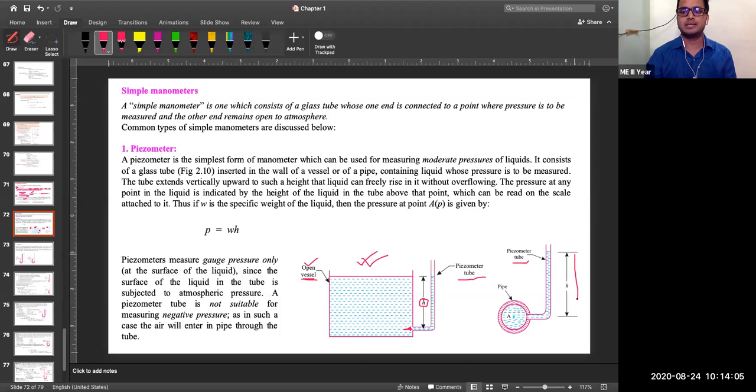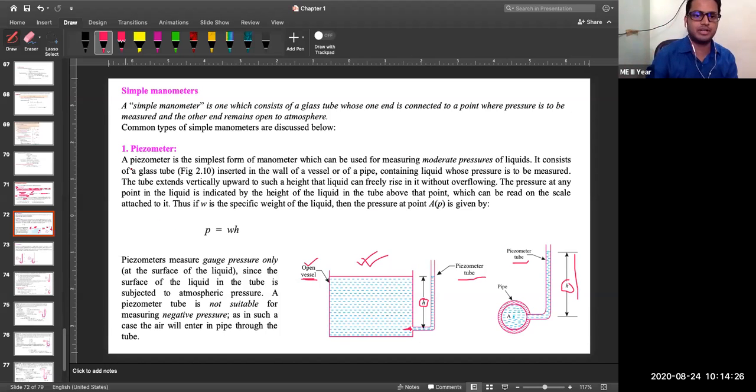Suppose the height is written here as h. If the height of the liquid column is known to you, then using your hydrostatic law of pressure, you can easily calculate the pressure at that point. The formula is rho into g into h. That basic formula we will use here also.